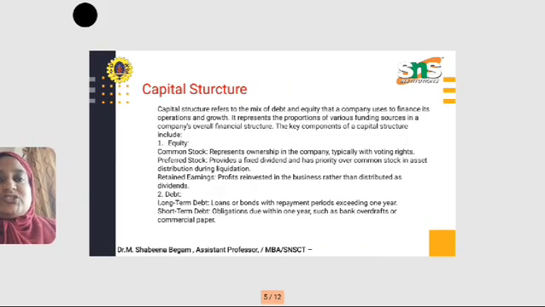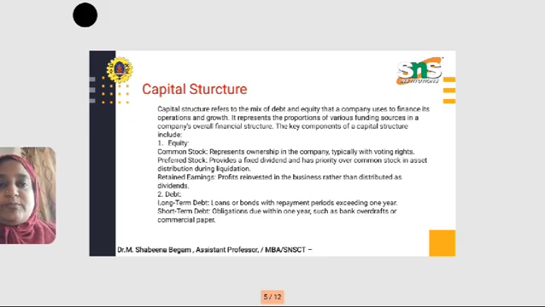Capital structure refers to the mix of debt and equity that a company uses to finance its operations and growth. It represents the proportion of various funding sources in a company's overall financial structure. The key components of a capital structure include equity and debt.